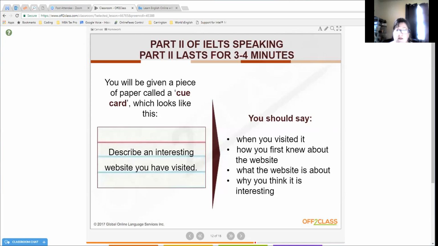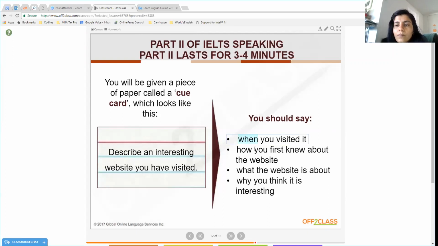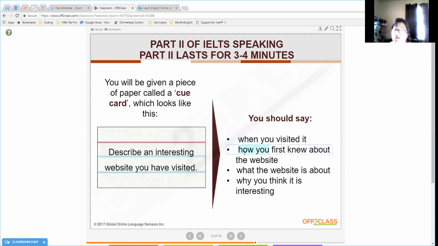I think of the responses being who, what, when, where, why, and how, not necessarily in that order. So we have when and how you first knew about the website, what the website is about, and why you think it is interesting. And in addition to that, you can support your answer with examples.